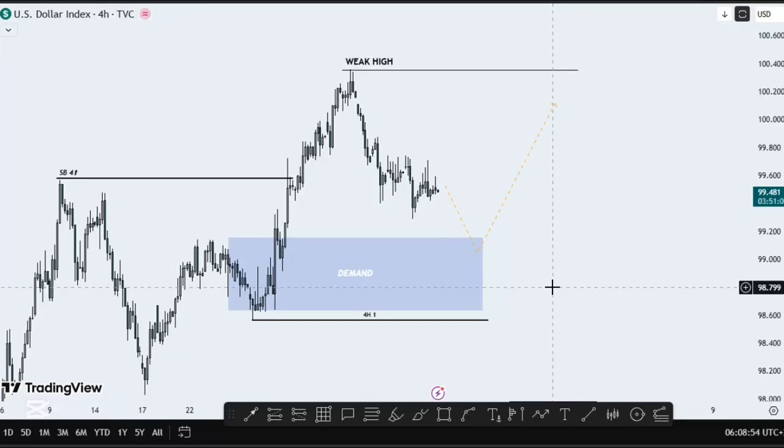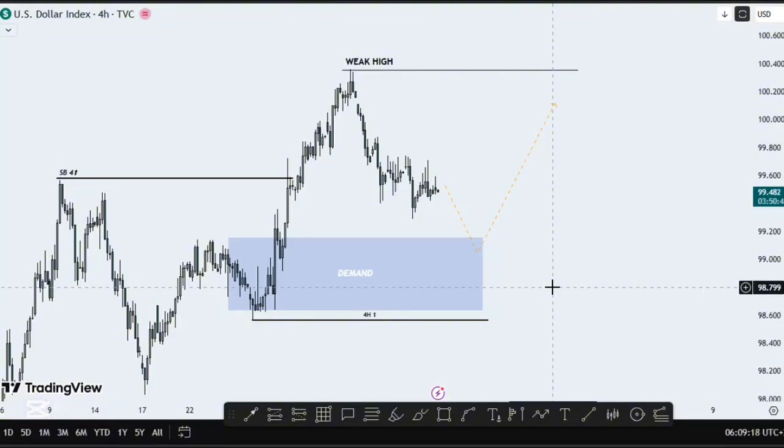We do not use any kind of indicators, and we only use one, if you like to call it that way, which is the volume profile. I'm going to show you how to use it as well. But the main analysis is purely price action, on the obvious demand zones and the breaks of structure.